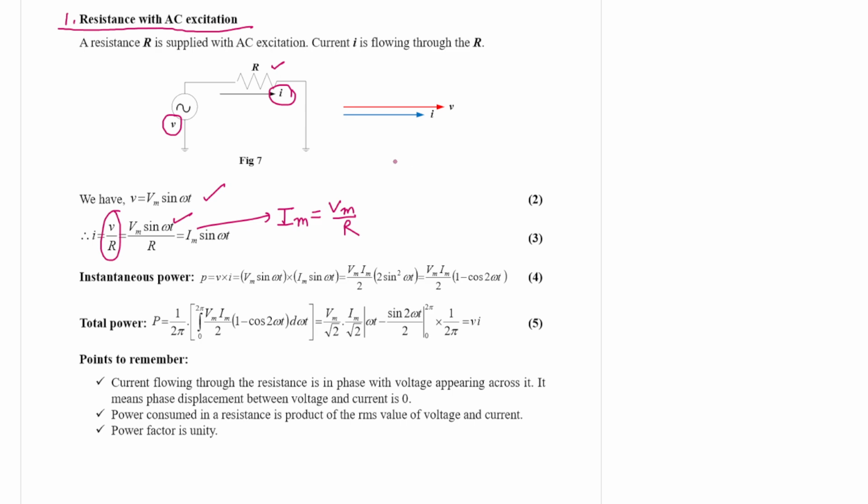So what we are getting here is that we have assumed V is equal to Vm sin omega t and I is equal to Im sin omega t. Their magnitudes are different.